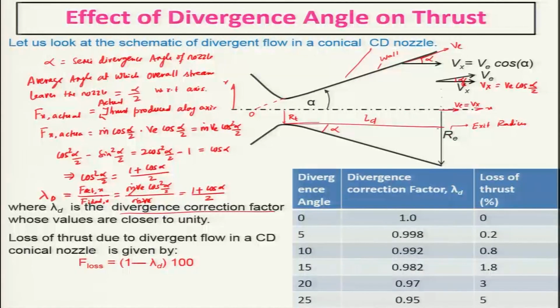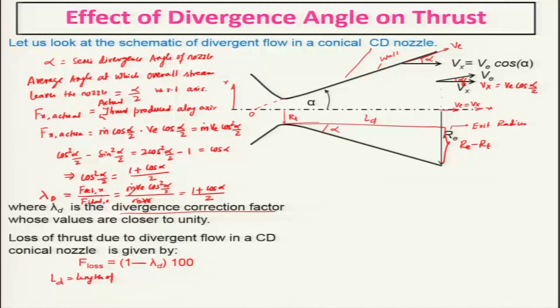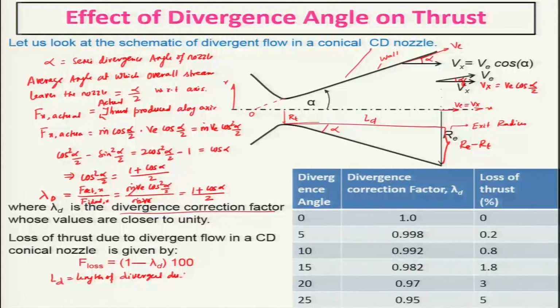If you look at this portion, that is nothing but RE minus RT, and you can find that LD, the length of the divergent duct, is equal to RE minus RT into cot alpha.